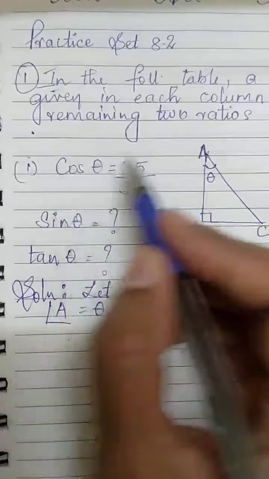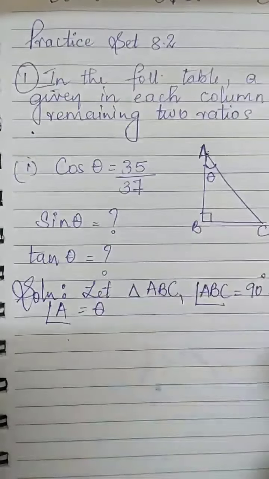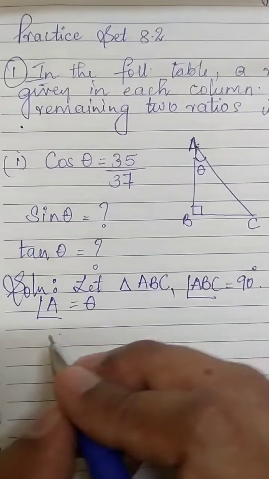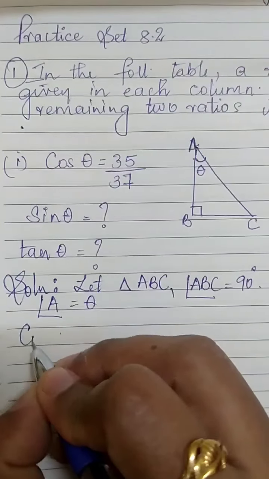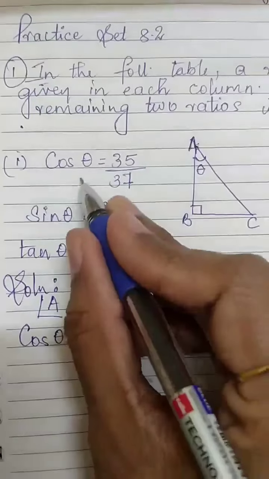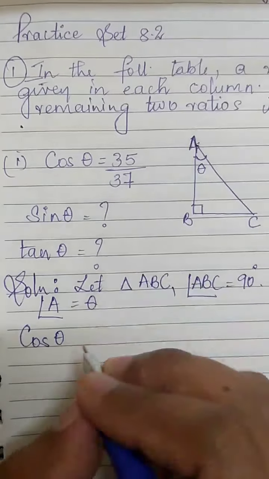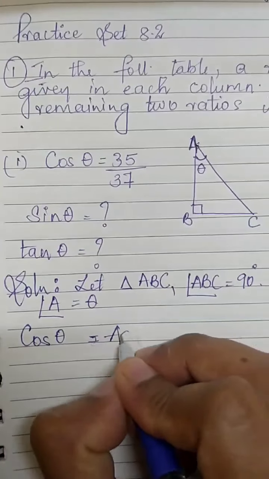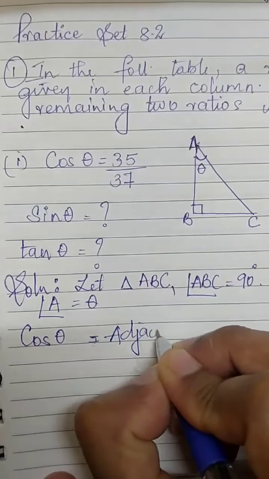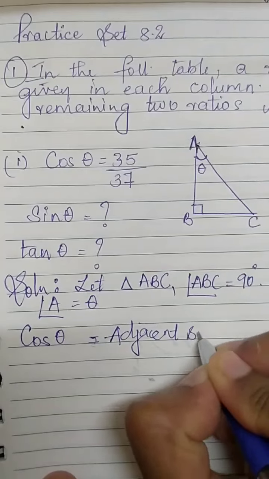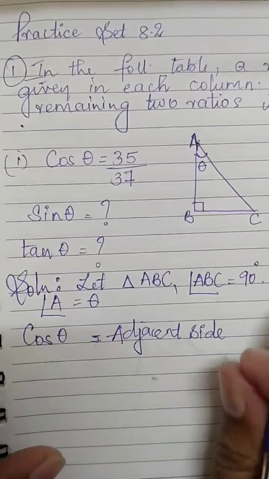Now cos theta's value is given. Let us use the formula of trigonometry here for this triangle. So cos theta is given, we will use the cos theta formula. Cos theta is equal to adjacent side upon hypotenuse. I hope you all remember this. We have discussed it in the previous practice set.